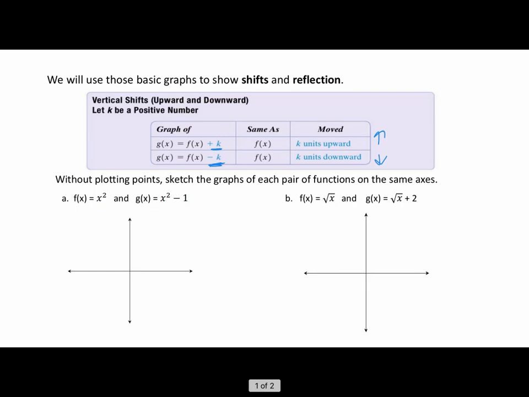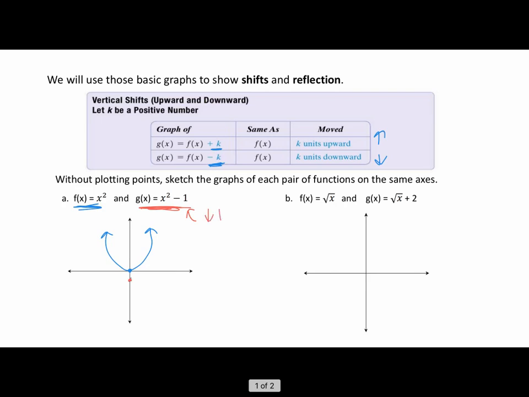So without plotting points, we're going to sketch the graphs of each pair of functions. So the basic function for a is x squared. That goes through the origin, and it looks like a parabola, like a U shape. And so we're going to have the same shape for g of x, but see there's a subtraction after that basic function, so that means we're going to shift everything down 1 unit.